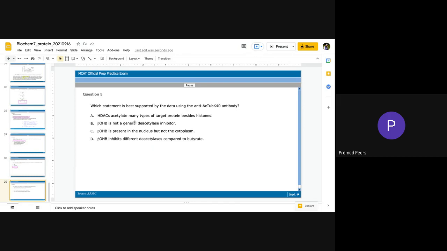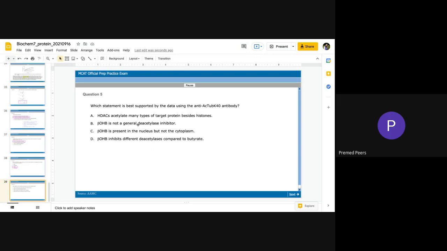And B and D are kind of interesting because they are almost speaking about the same thing, because if you think about what it means by beta OHB is not a general deacetylase inhibitor, it's not general. Basically, it is specific, right?